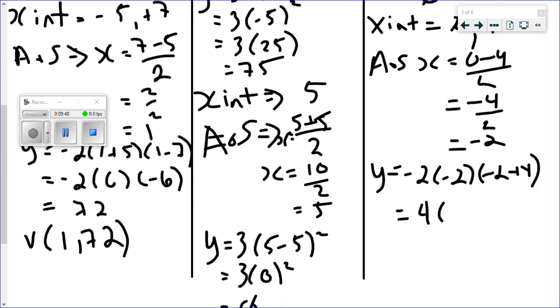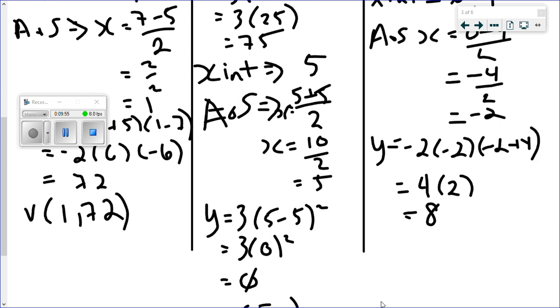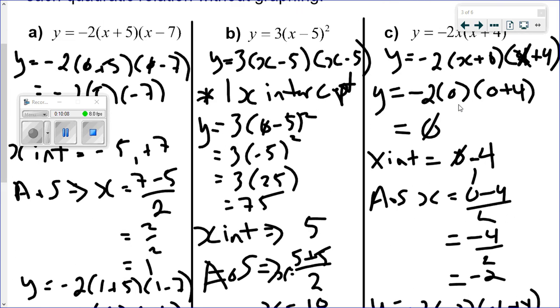When I redo this into a PDF, I will make it more legible. So it means our final vertex is negative 2 and 8. Okay? We've actually been doing most of this already. We've just been kind of doing it piecemeal and mostly off the graph. Now we're putting it all together.